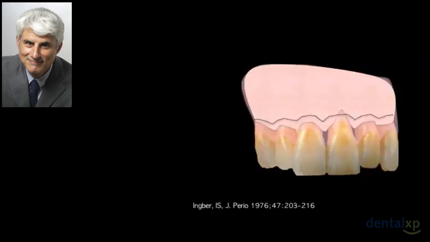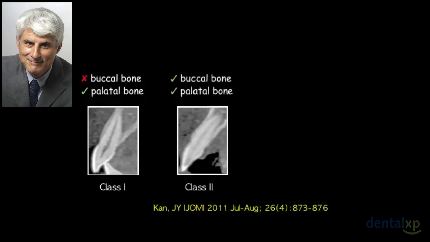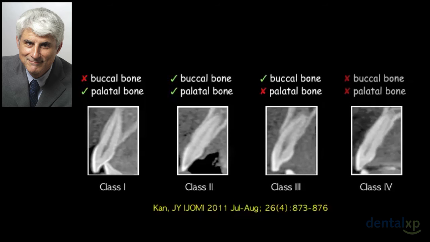This is quite clear, but how do we know the relationship between the level of the root and the buccal and the palatal bone? Recently, Kan published this very interesting article, and he classified 4 conditions related to the relation existing between the root, the buccal bone, and the palatal bone.